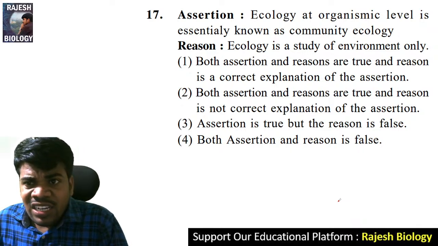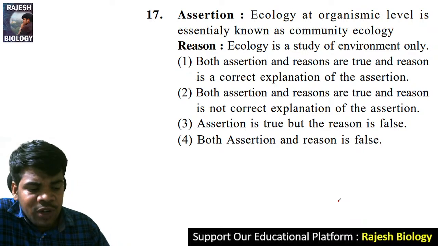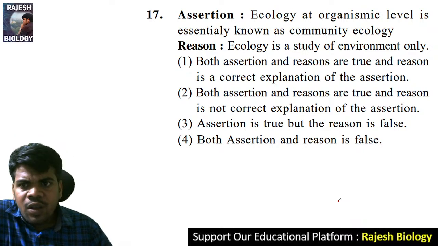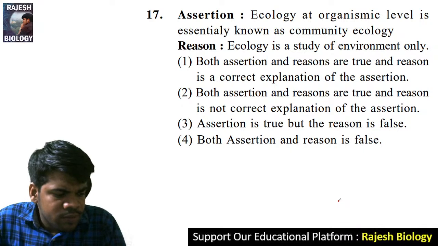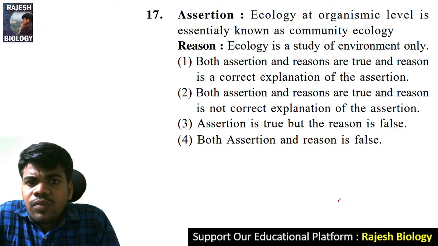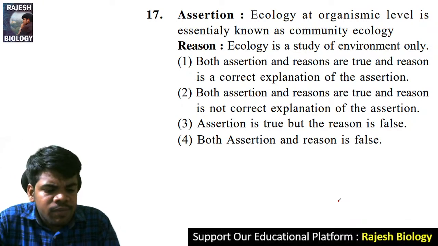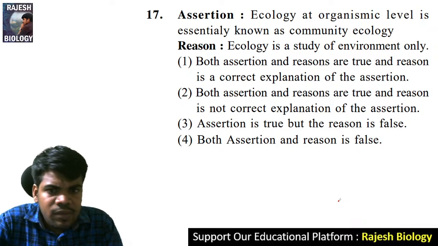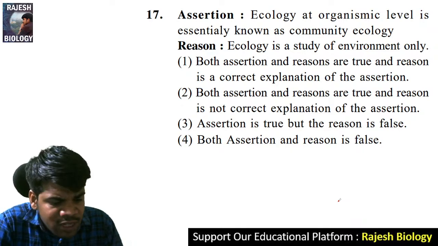Assertion: Ecology at organismic level is essentially known as community ecology. Reason: Ecology is a study of environment only. Both assertion and reason are true, but reason is not the correct explanation of the assertion.